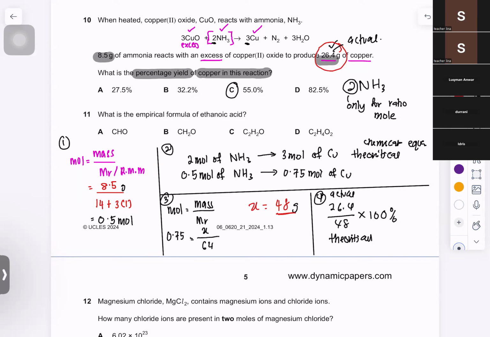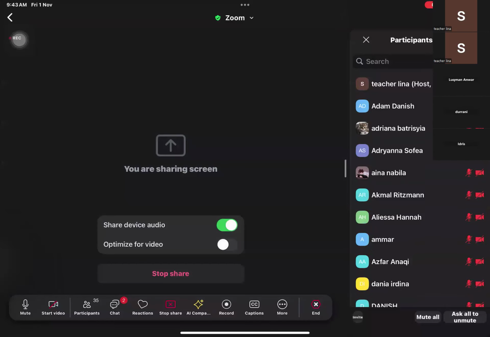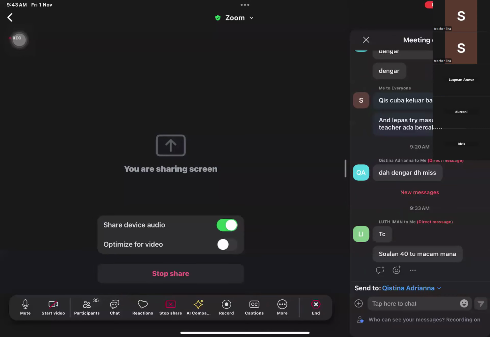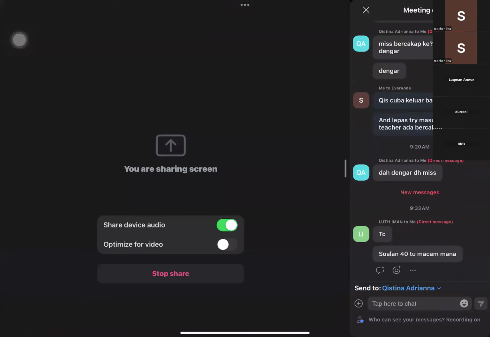Kita tengok dulu. You all tengok kat sini ke? Kat sini siapa tanya? Soalan 40 tu macam mana? Iman, cuba try tanya dekat teacher Lina yang host tu. No, not host. Iman, ni. Cuba say something. Hi.